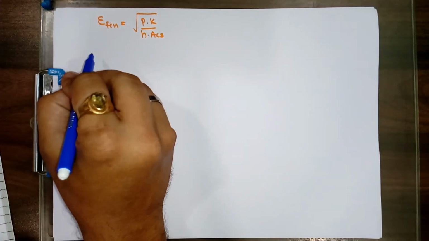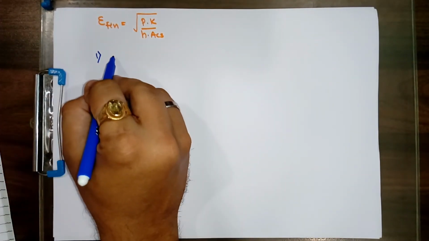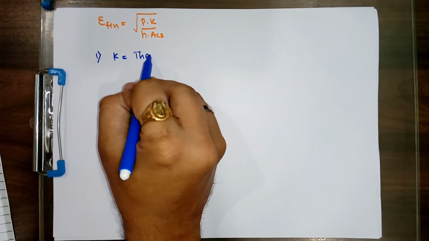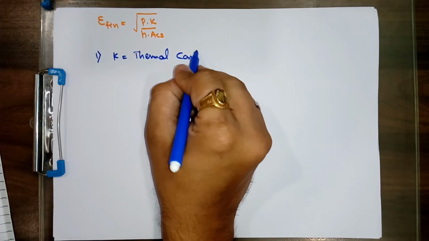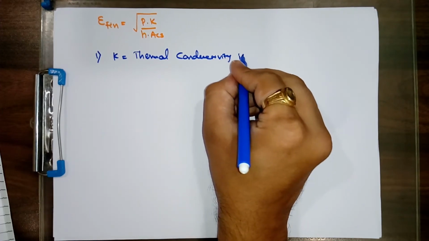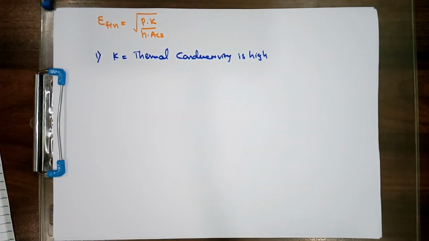The first remark: the fin is only effective when K, the thermal conductivity, is high. It means the fin material should have a higher thermal conductivity.